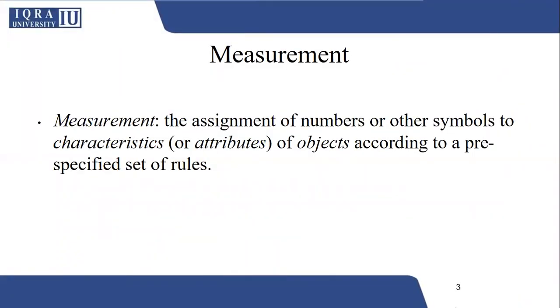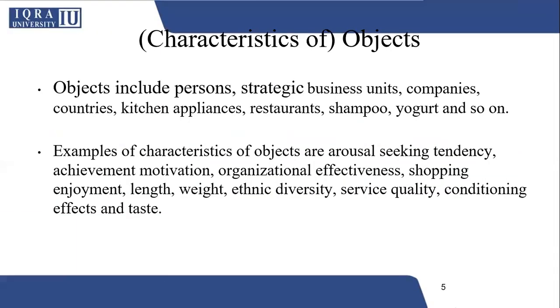Measurement. What is measurement? Measurement is actually the assignment of numbers or other symbols to characteristics or attributes of objects according to a pre-specified set of rules. Objects include persons, strategic business units, companies, countries, kitchen appliances, restaurants, shampoo, yogurt, and so on.